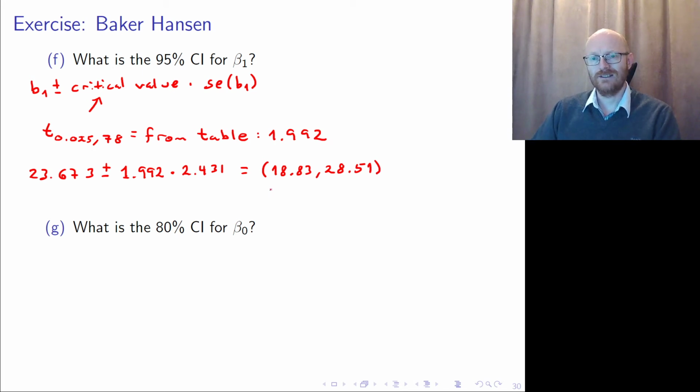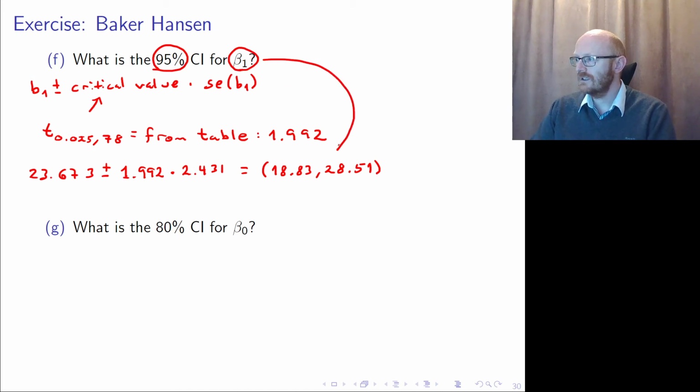But what does it really mean? It really means that we are 95% certain that beta 1 is included in our confidence interval.